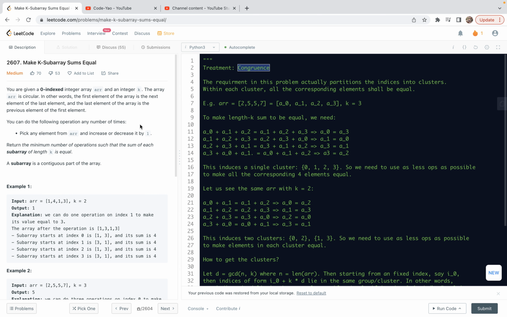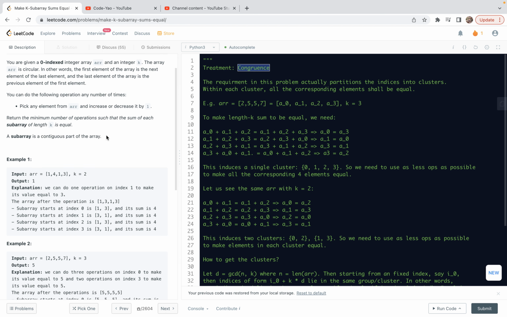Here we just need to solve this problem. We are not going to give a proof for the congruence involved, but the proof is still not hard.